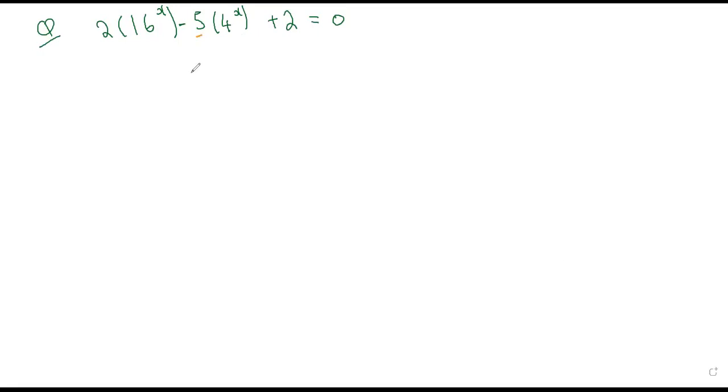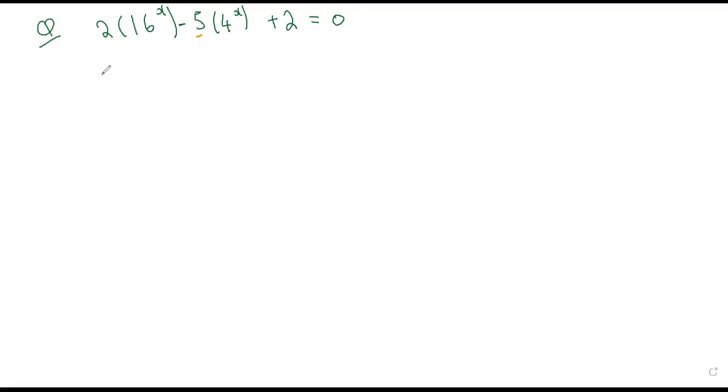Initially we were talking about some linear equations. You will see that this equation will turn out to be a quadratic equation, okay? So yes, you can get some questions where you cannot directly use that method, but in those cases the equation would not be linear. Now look at this question.